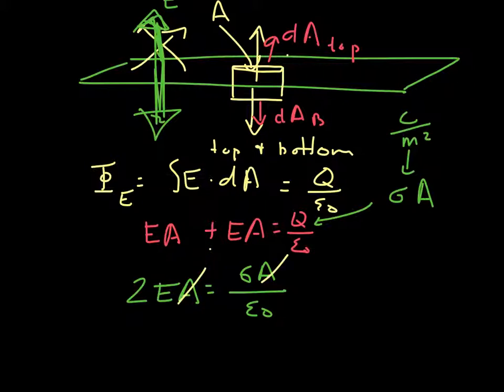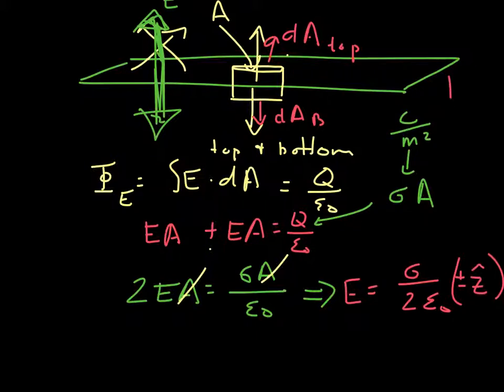Your A's cancel, and you get E equals sigma over 2 epsilon naught. In this case, on top of the plane, it is plus or minus z hat. And I'll just call this the z hat direction, away from the plane.